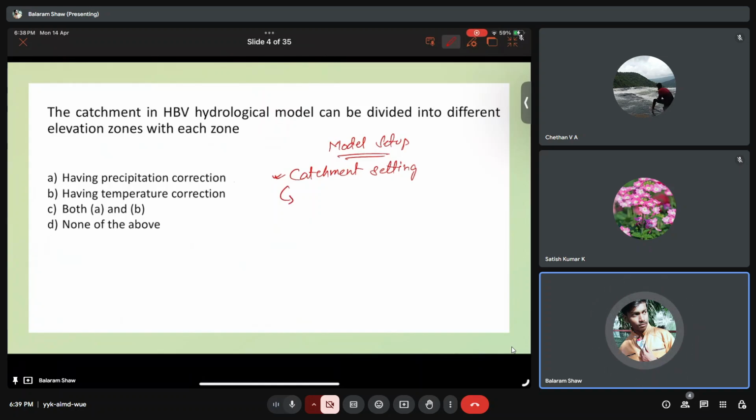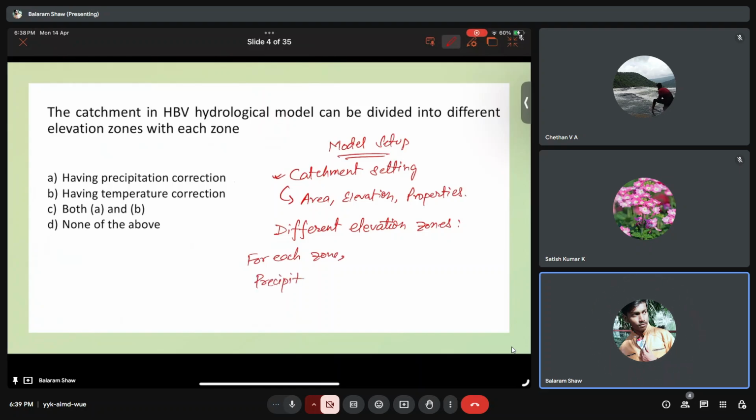These things you can input. And the catchment is divided into different elevation zones, right? So for each of the zones, we do both the precipitation correction and temperature correction.